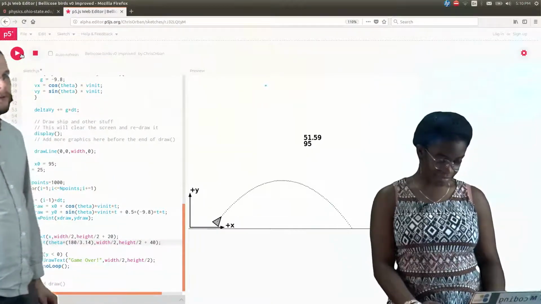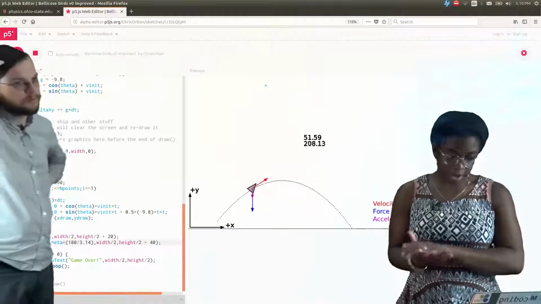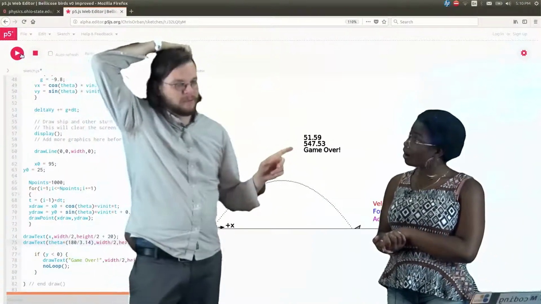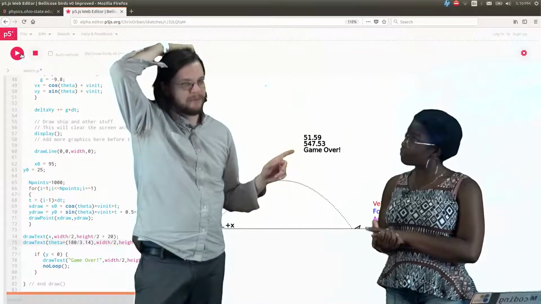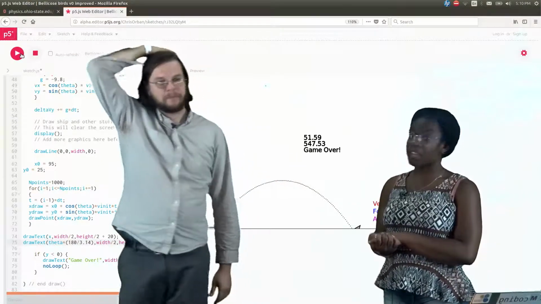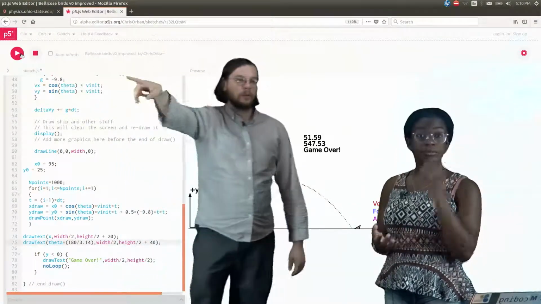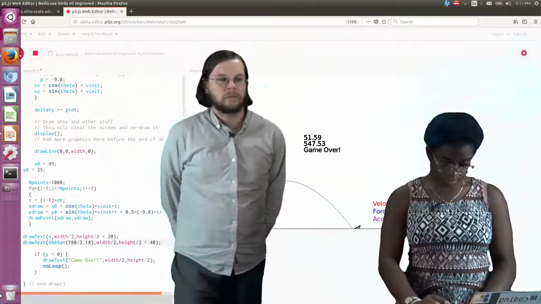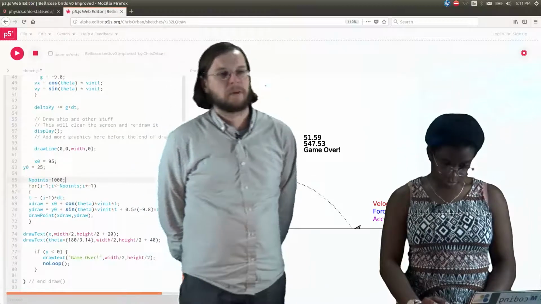There's a trick that we can use to make it easier. What was it last time? 547? I think it was 547. One thing we can do is go closer to the beginning, where the left and right arrow keys are pressed and what happens when you do that.